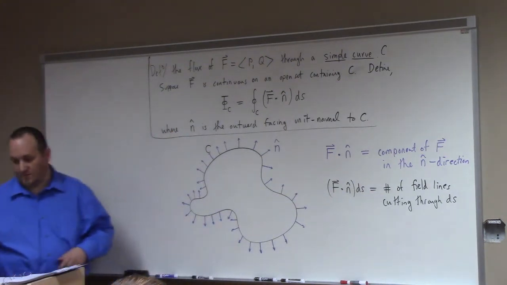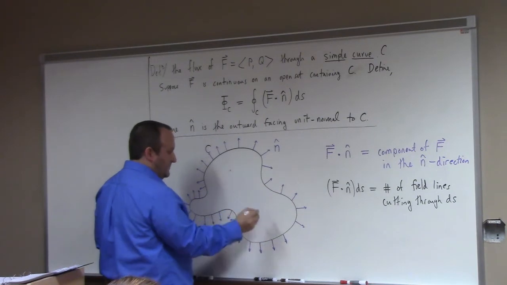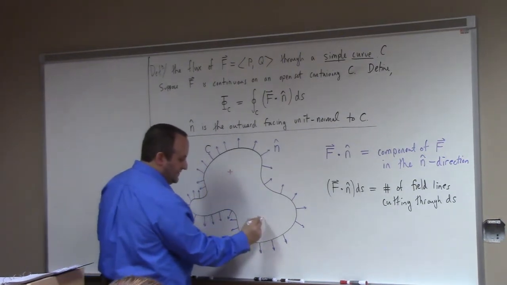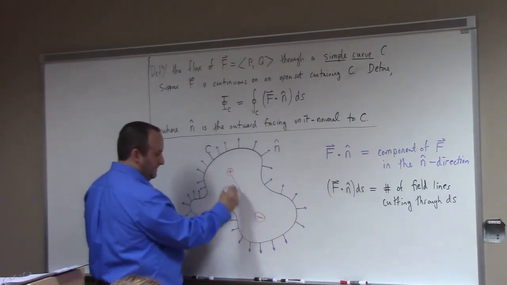I haven't pictured the field yet, so let me picture the field for a second here. Suppose the field has some kind of source here and here. Maybe this is a plus and this is a minus, and so we get a dipole field.